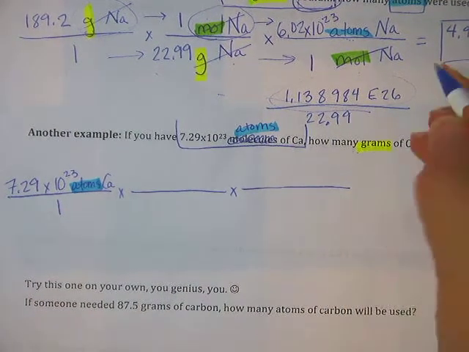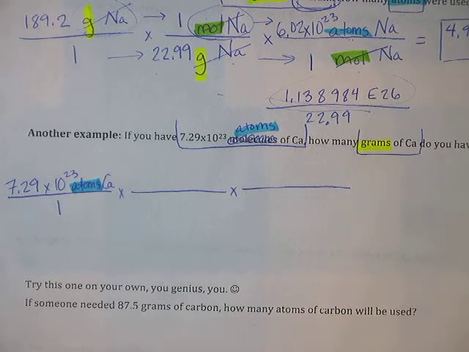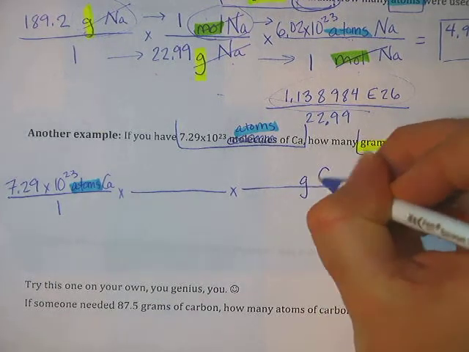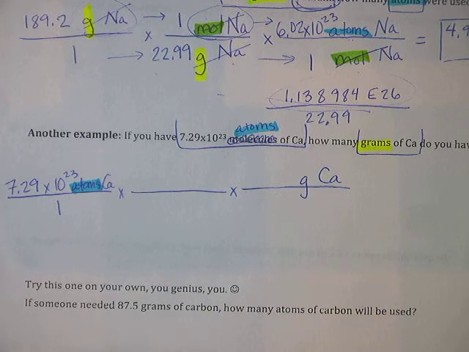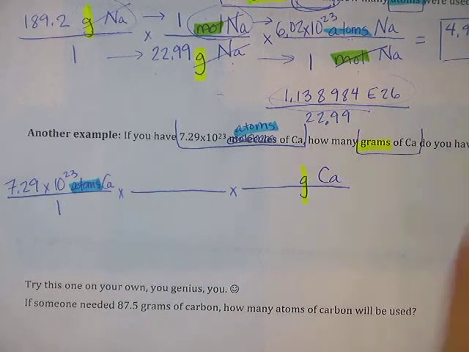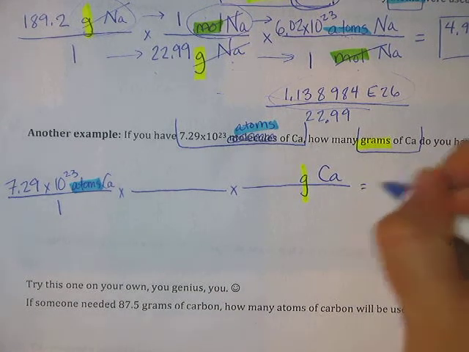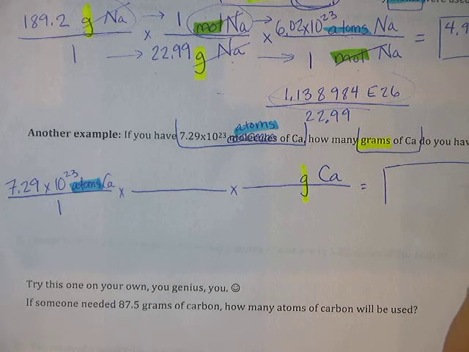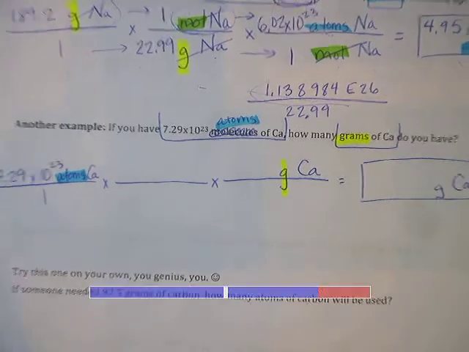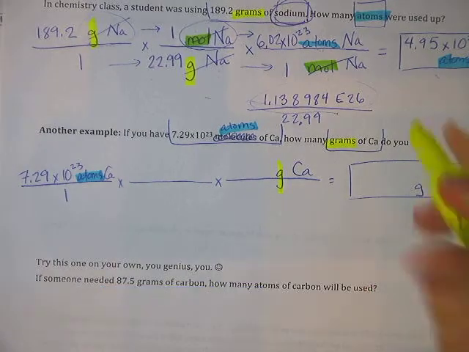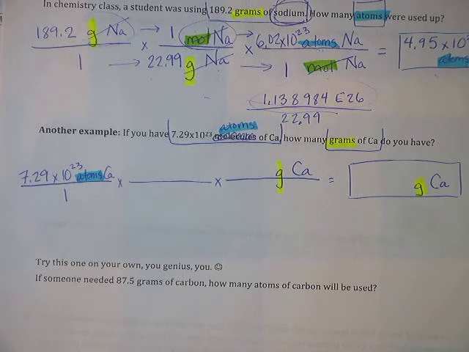They say how many grams of calcium. Whatever they're asking for is going to go on top of my last fraction, always. Whatever's on top of the last fraction is going to be what you label your answer. So my answer is going to be grams of calcium.